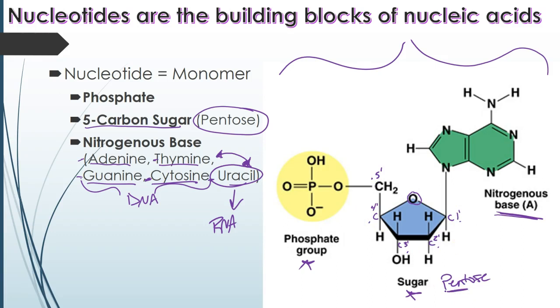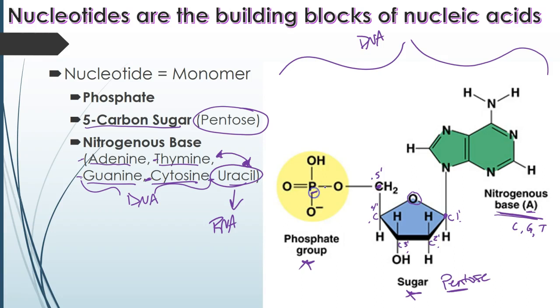The 1 prime carbon is attached to our nitrogenous base, and in this case it's adenine. It could have been cytosine, guanine, or thymine if this particular nucleotide is a DNA nucleotide. The fifth prime carbon is attached to the phosphate, which, as we've talked about in previous chapters, is PO4.